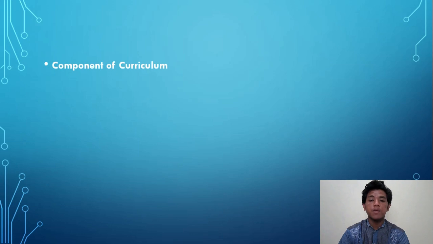Second is component of curriculum. In Sukmandita's research in 2006, pages 102 until 112, it is mentioned that the component of curriculum consists of 6 parts. Those are purpose, tools of learning, teaching strategy, media of study, teaching evaluation, and fixing.